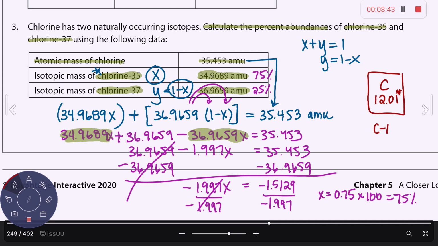So carbon-12 would be the most abundant isotope for carbon. Doing the same thing for oxygen, oxygen is 16.00. Which one is most abundant? Oxygen-16, exactly. Nitrogen is 14.01. Which one is most abundant? Nitrogen-14. Easy, right?